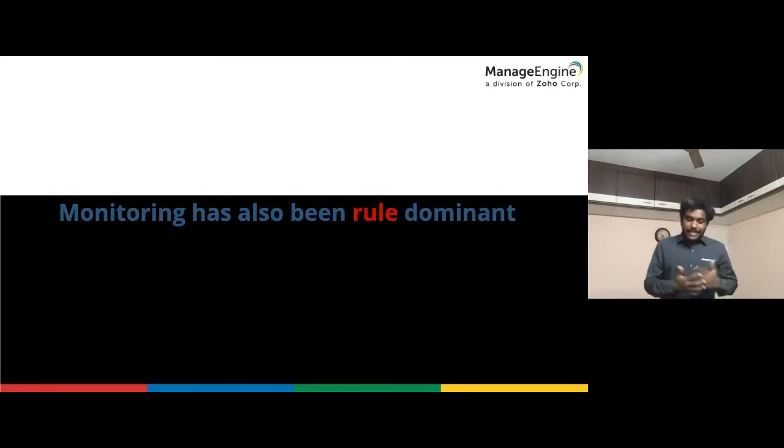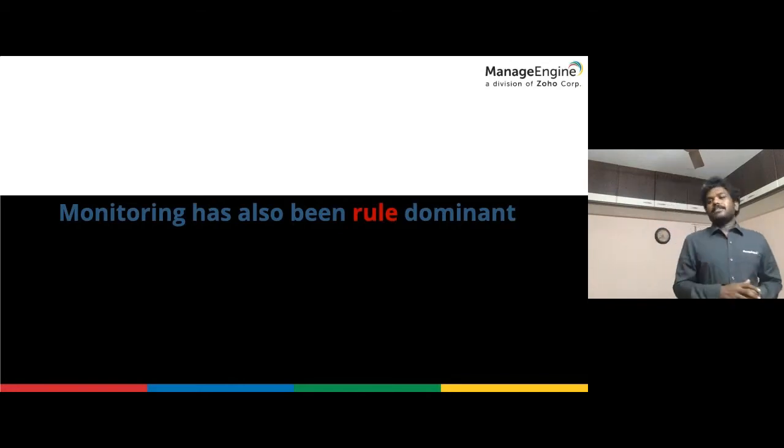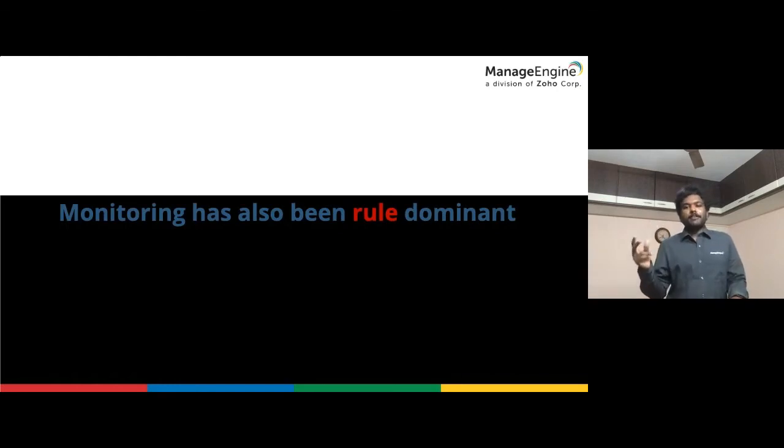Traditionally, monitoring has been very rule dominant, like security, for example your alert thresholds. If a particular database server has slower performance over the last 5 minutes, then throw me an alert, and so on. So it has been very rule dominant.